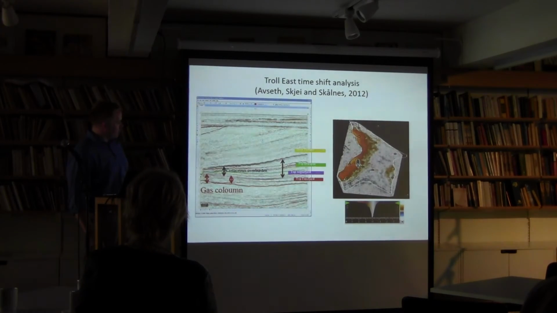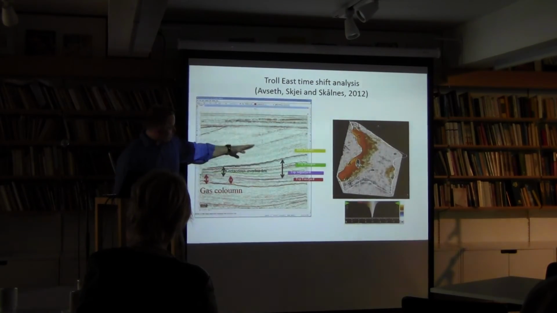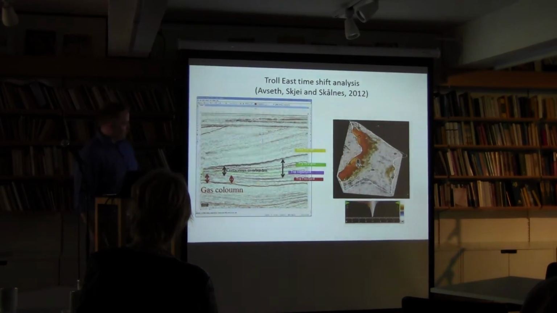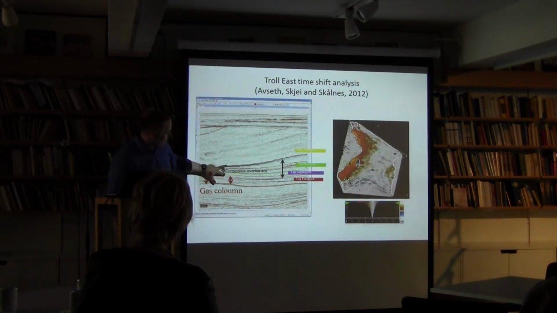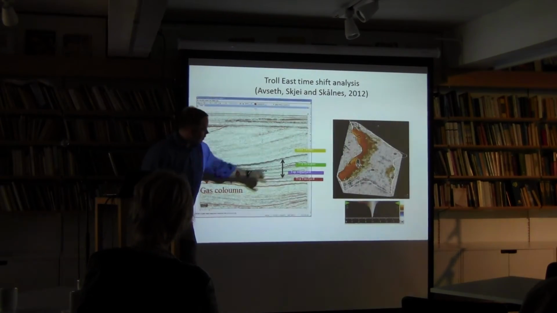What I want you to focus on is, if you look at the overburden here, see how it kind of rotates upwards and then it's eroded and cut off. And then you have the gas column, the gas-water contact is here, so the gas column is decreasing, but the overburden, especially if you look at the Cretaceous, is increasing.